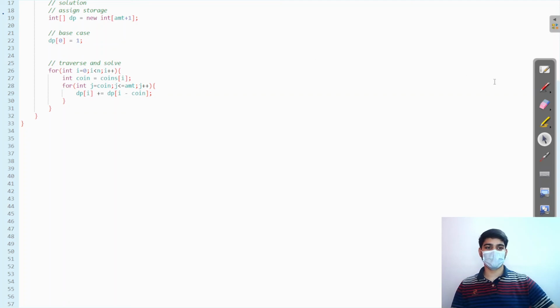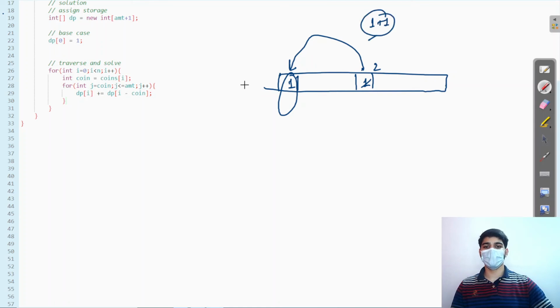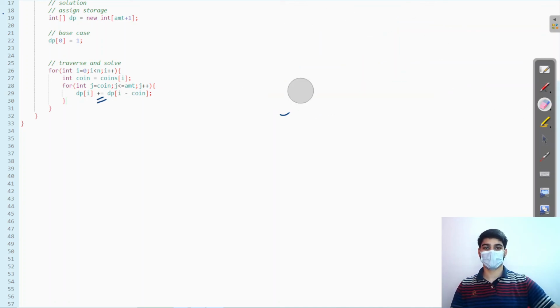So what I'm doing is, let's suppose I'm over here and this is already 1, and if this is 1, I would call back to this point, I would get one combination from over here and I would update this to 2. So what I'm doing is 1 plus 1, right? We are adding the new number of combinations to the old number of combinations. So that's why it's plus equal to, right? I hope you understood, right?